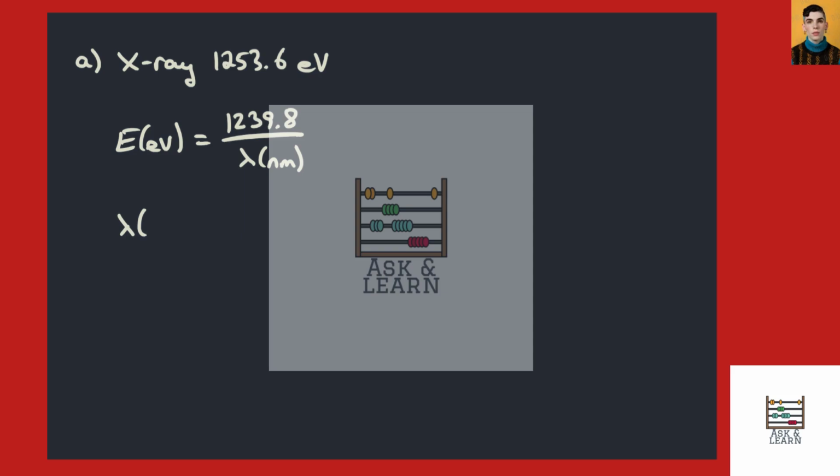If we rearrange this equation, the wavelength in nanometers would be equal to 1239.8 over 1253.6, and this would yield 0.989 nanometers, and that would be the wavelength of the X-rays used in this experiment.